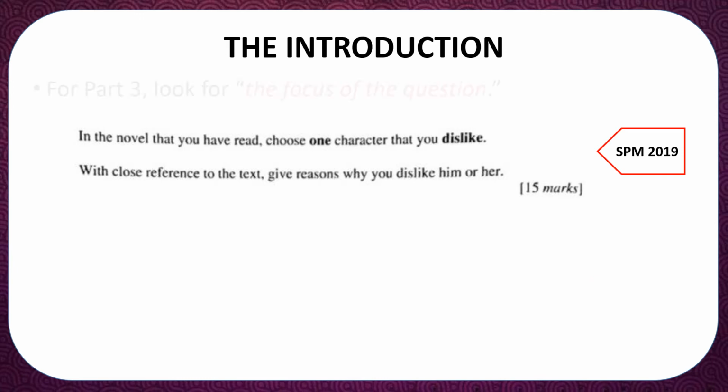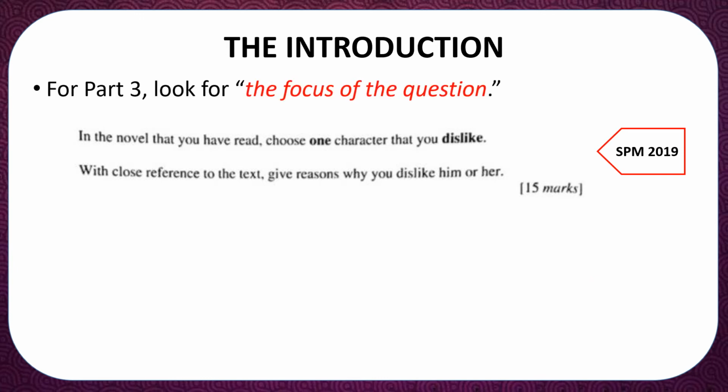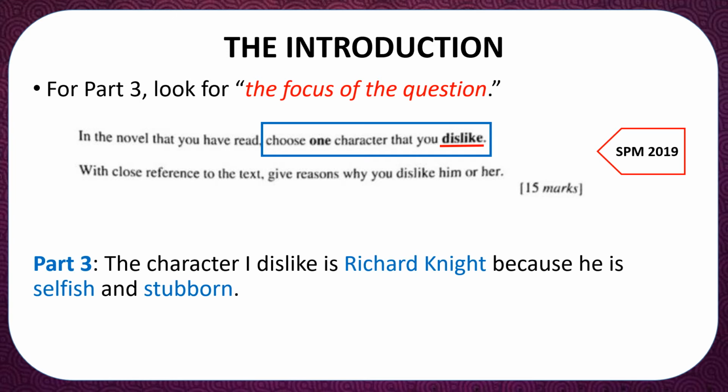Remember, for part 3, you need to look for the focus of the question. What is it? Choose one character that you dislike. So remember, you need to be specific and mention the name of the character. So part 3: the character I dislike is Richard Knight.